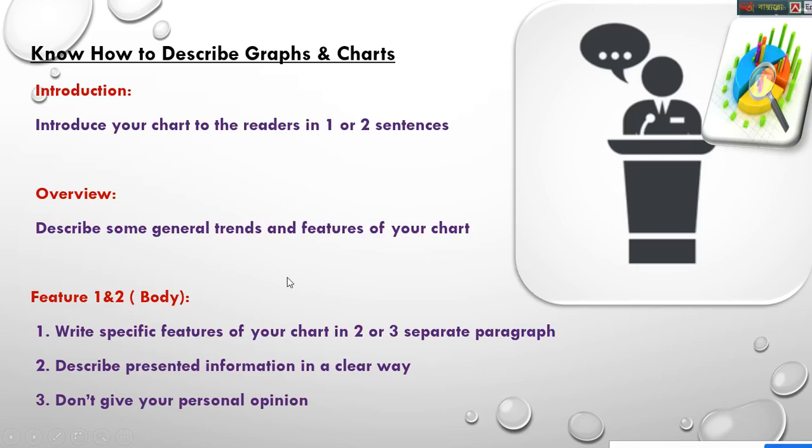Simply, the overview will explore the general trends of the chart, and in the features, one or two, you have to develop two or three more paragraphs, where you must write specific features of your chart, two or three separate paragraphs to describe the presented information in a clear way.